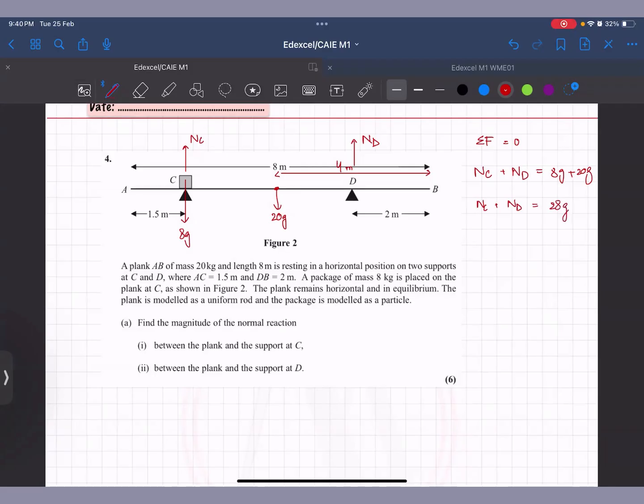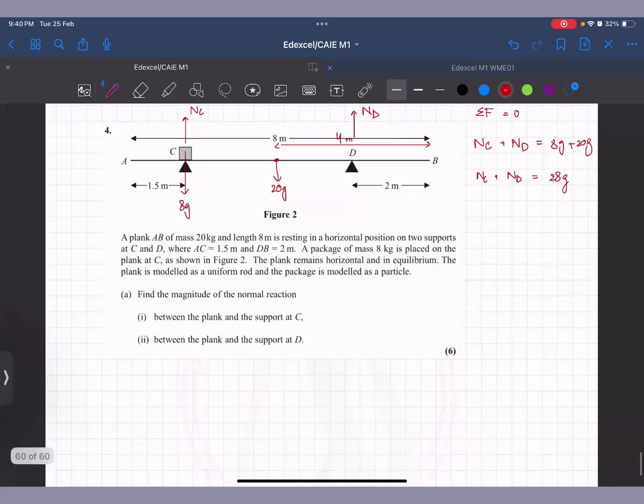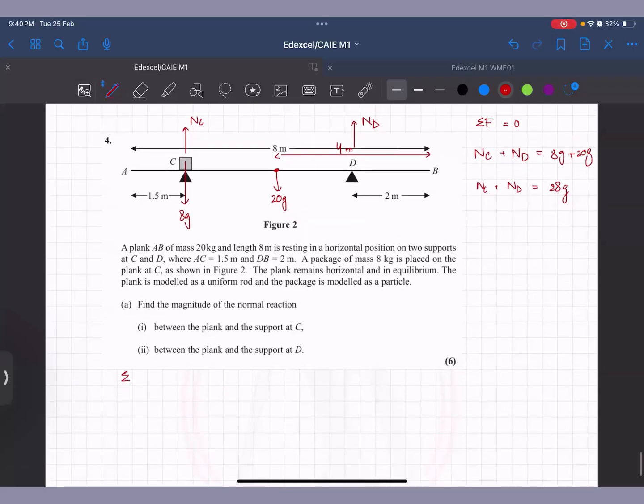And then we also know that this is in equilibrium, so if we take moments around point A, it would be 0.